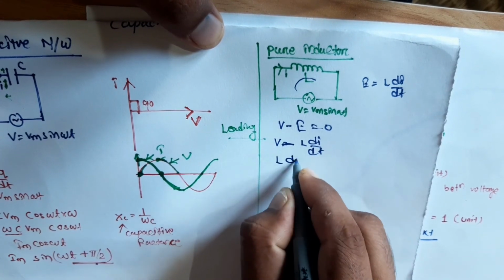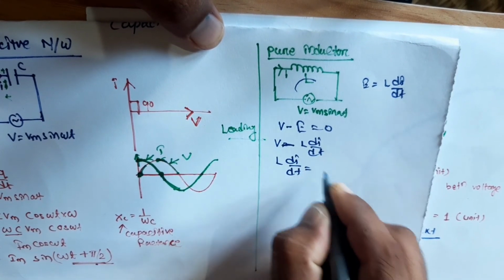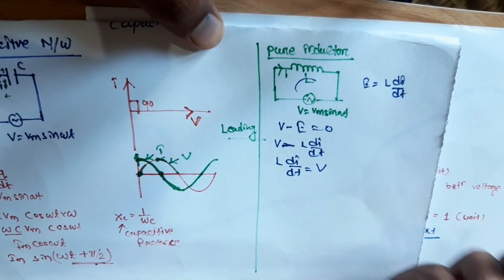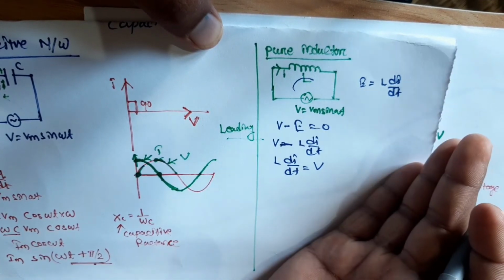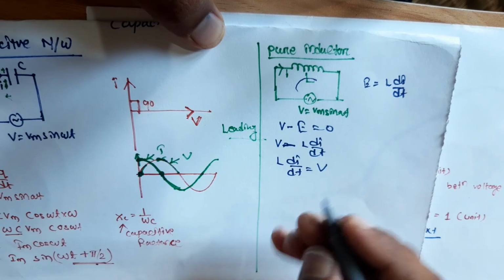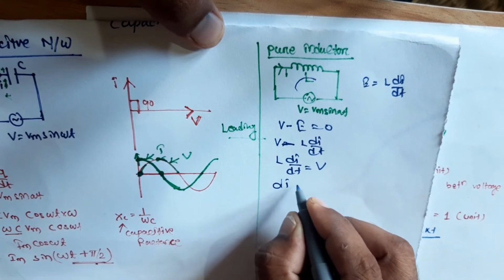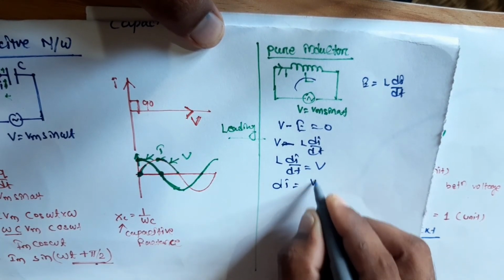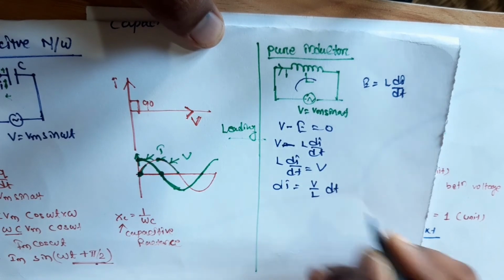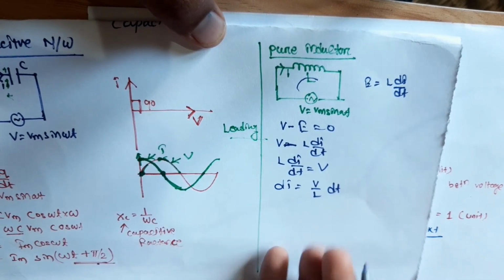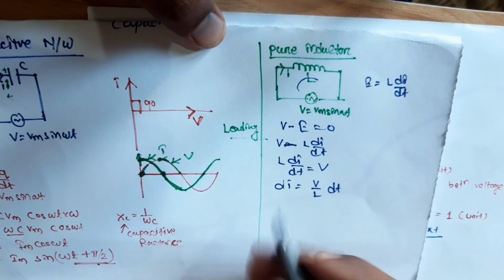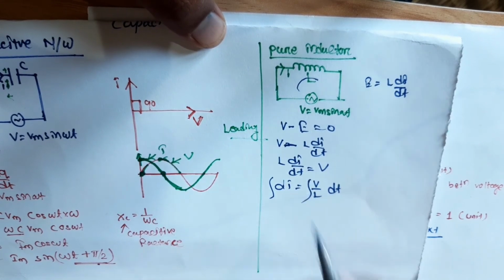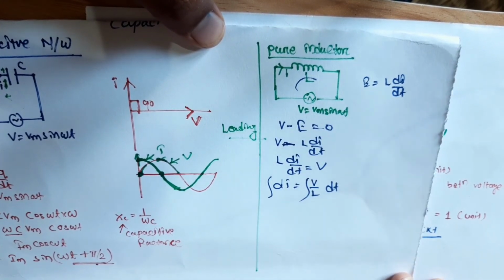Next, L di by dt is equal to V. Then we can write di equal to V by L dt. Since we have the derivative, we can integrate on both sides.